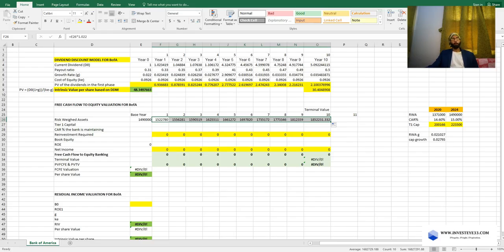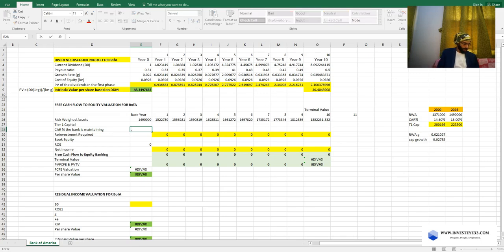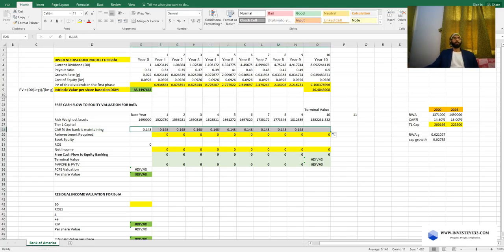Okay. Now, capital adequacy ratio the bank is maintaining. Let me take an average of 14.6% and 15%. So let me take 14.8% as the ratio the bank is maintaining. Okay. So 0.148 or 14.8%. So this number the bank is maintaining altogether, right?